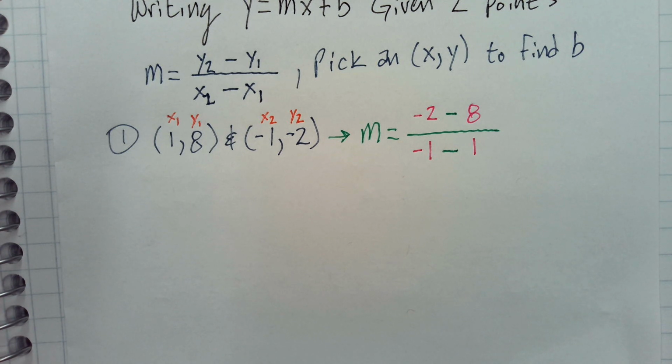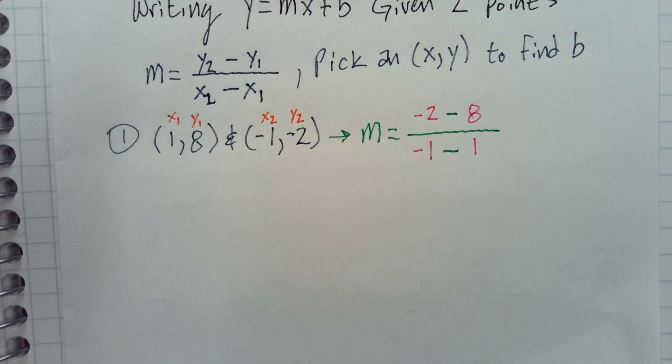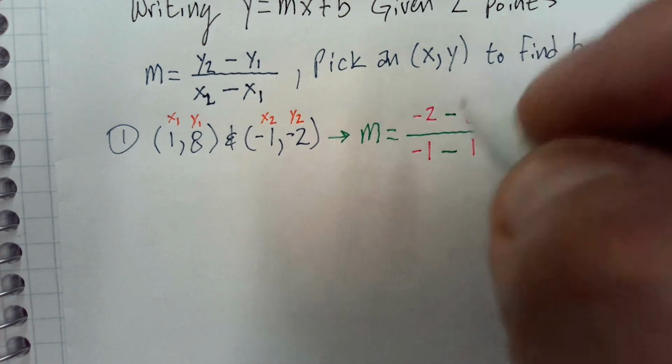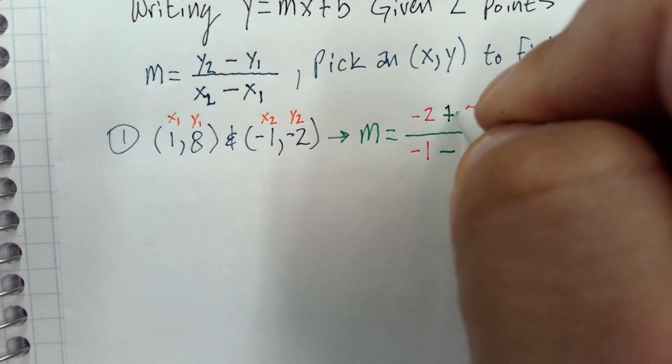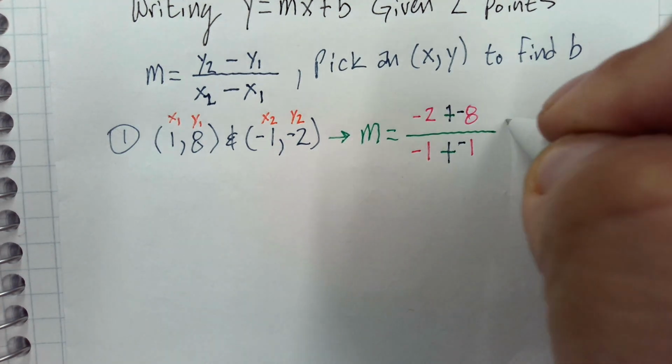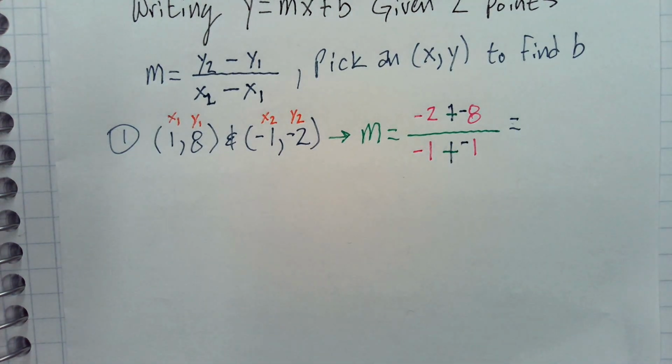So here we have this. If you want, and I probably would if I were you, go ahead and change this to adding. Keep, change, opposite. Keep, change, opposite. Just easier to work with is addition.